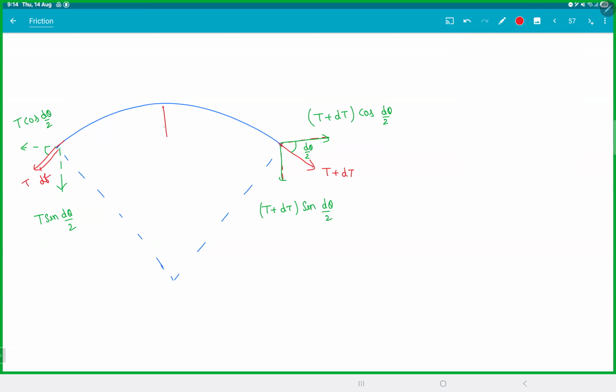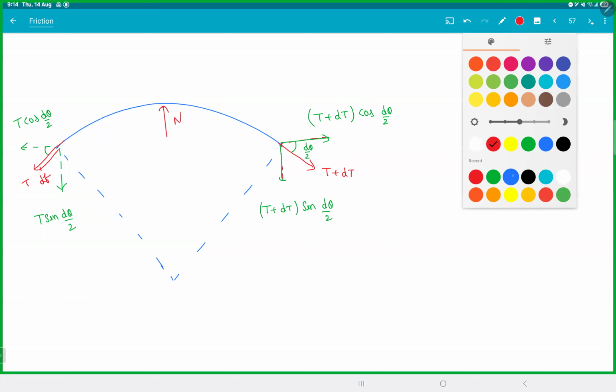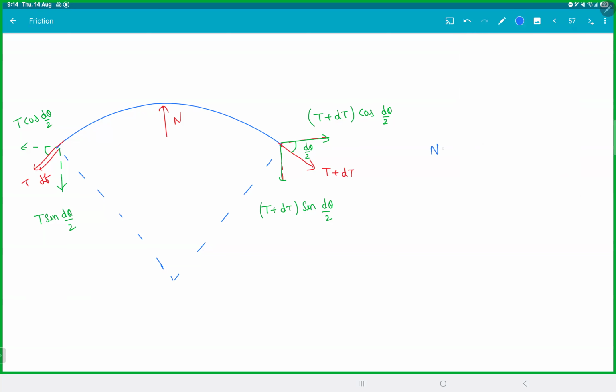And this is your normal reaction. So the normal reaction N will be T sin(d theta by 2) plus (T plus dT) sin(d theta by 2). For small angles, this is an approximation we use.